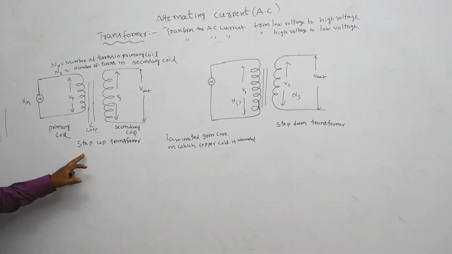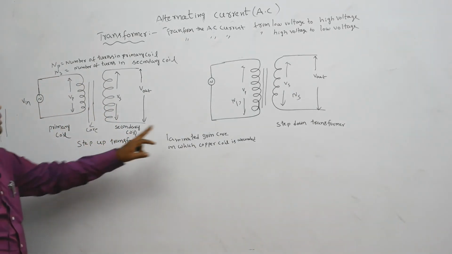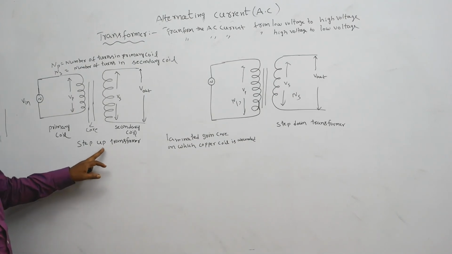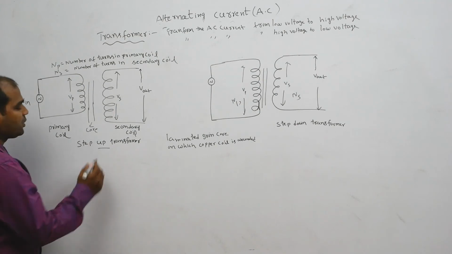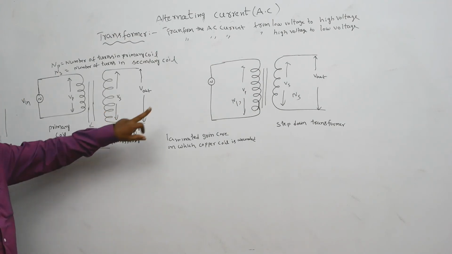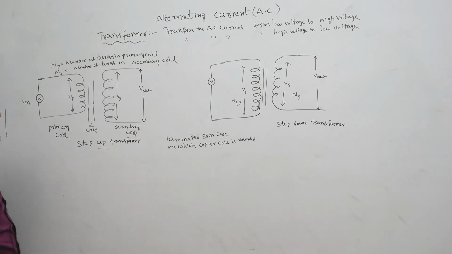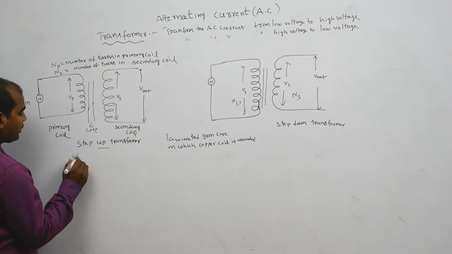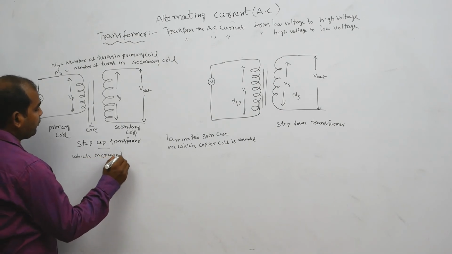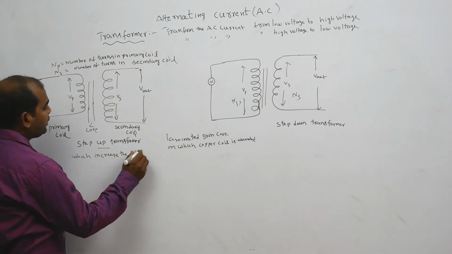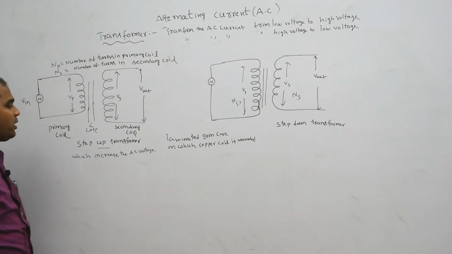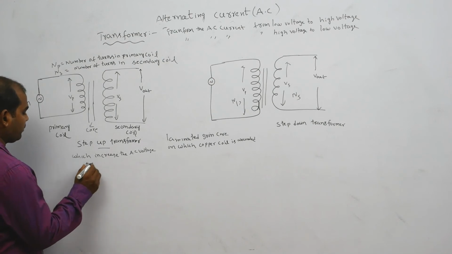Now let us differentiate the step up and step down. Why is it called a step up transformer? A step up transformer is a transformer which increases the AC voltage at constant current.